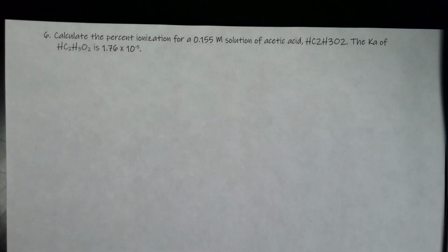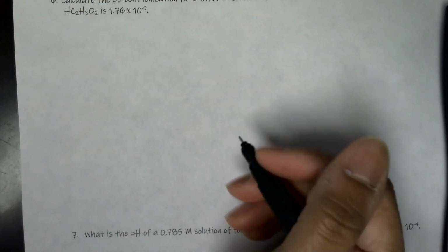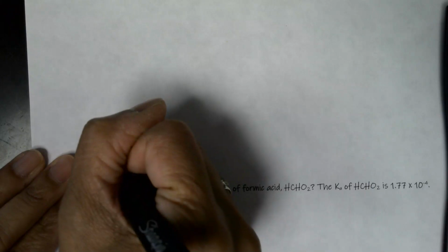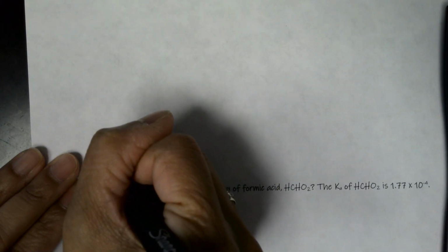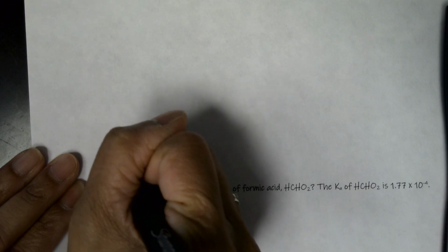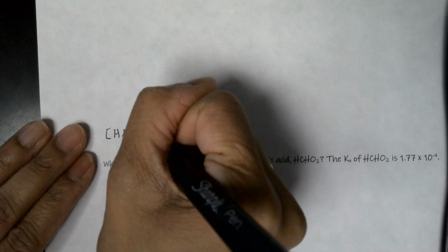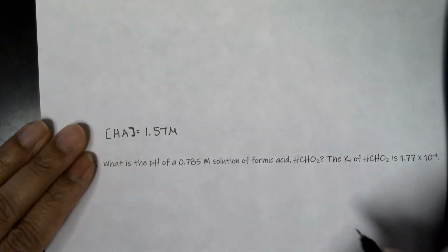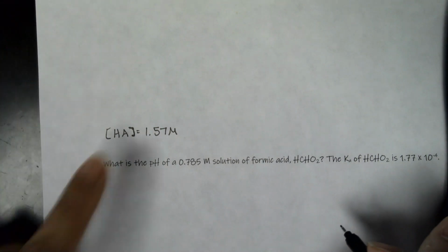So we're at the pretty lengthy part of this video, so what I'm going to do is give you the HA, the weak acid of this, should be 1.57 molar. So do all the work, show all that work to get to there.